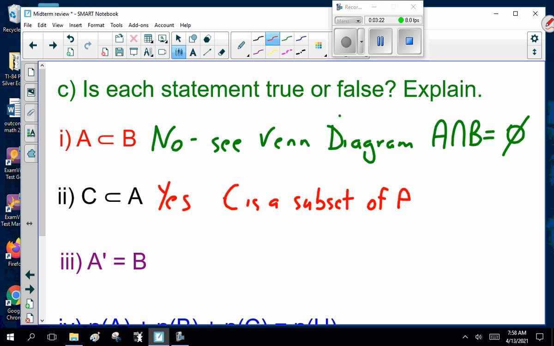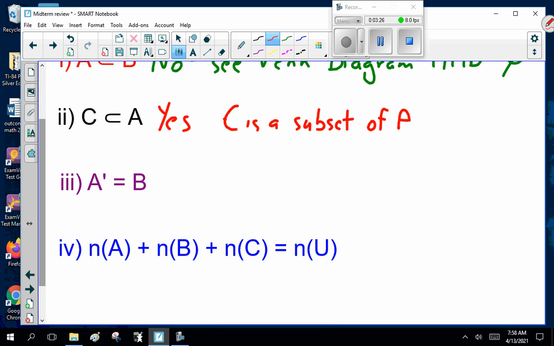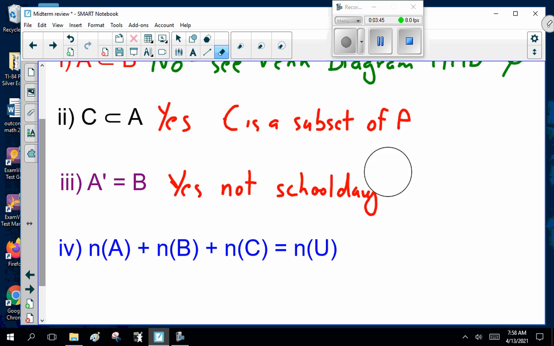Now, the third one, A prime is equal to B. Yes. Not a weekday. So school day. School day. This weekend.